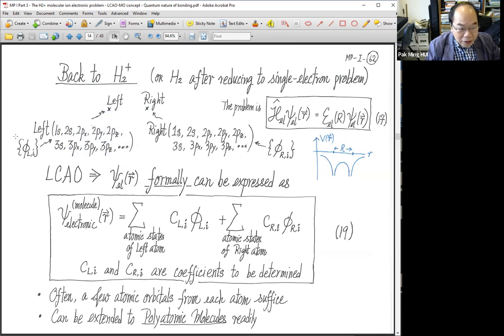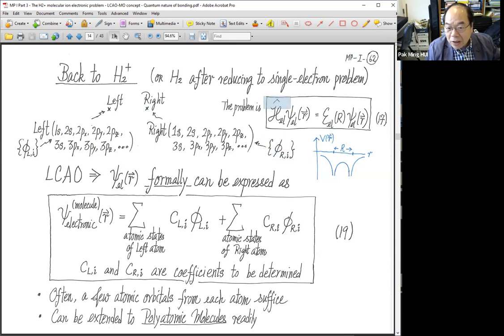Okay, let me call this set the atomic states from the left-hand side. So phi L is the left-hand atom, left-hand side one. I labels 1s, 2s, and so on. So this is the whole set.